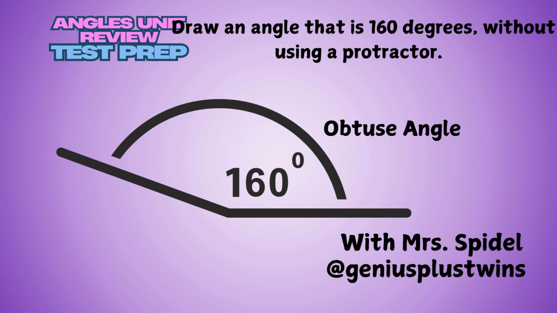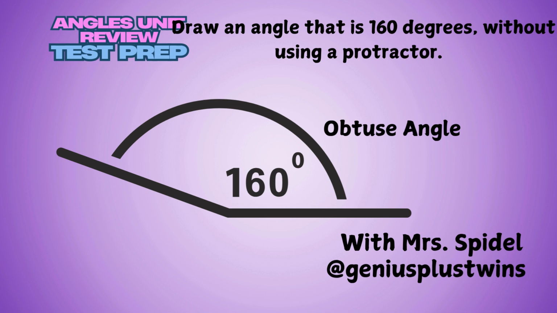Once again, to draw an angle, start with the straight edge and draw your horizontal line. Line your protractor up with the vertex. Make a guide mark for yourself where it states it is 160 degrees. Then use the straight edge of your protractor again to connect the guide mark to the vertex.